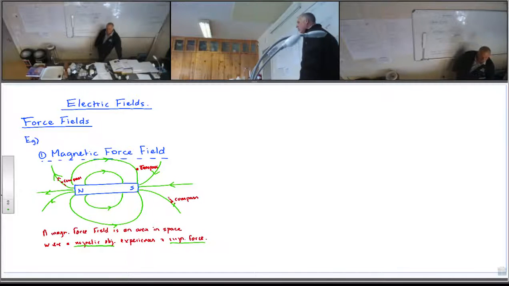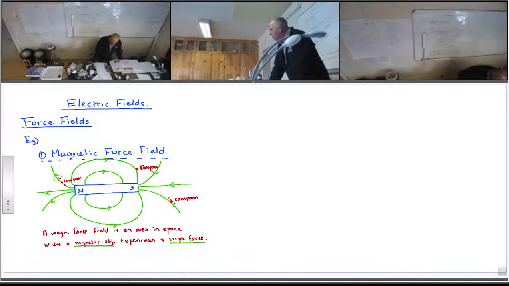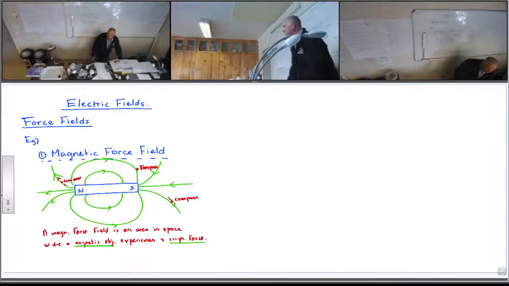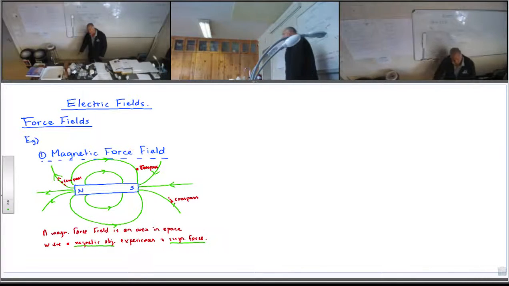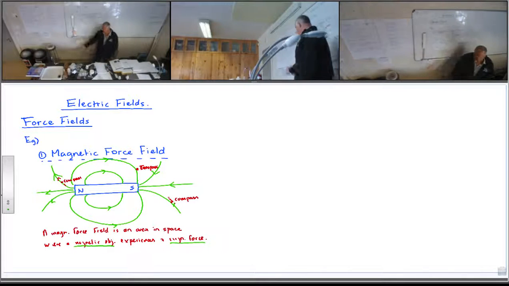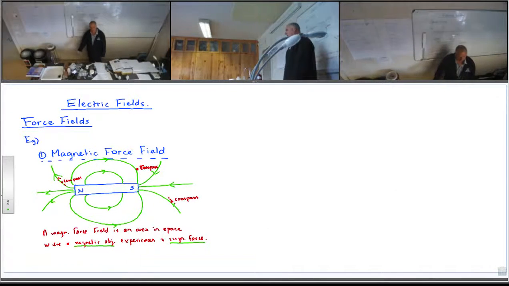Are those lines really there? No. Give me an example of something else that we use to explain things with lines when those lines don't really exist in real life. Sorry? Lines of longitude and latitude. If you had to walk around the earth, would you see these big painted lines? Oh, this is the line of 20 degrees south.